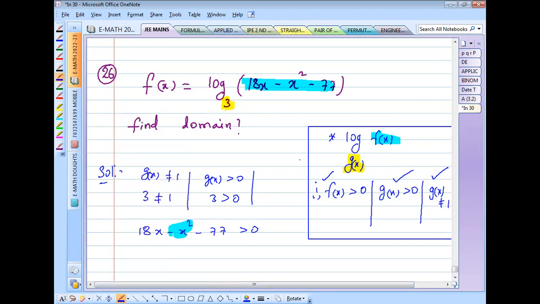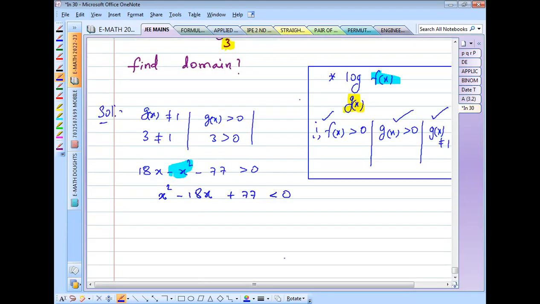So to make x square positive, we should multiply by minus on either side. Then it will become x square minus 18x plus 77 less than 0. The inequality was changed, because we are multiplying with a minus sign on both sides.